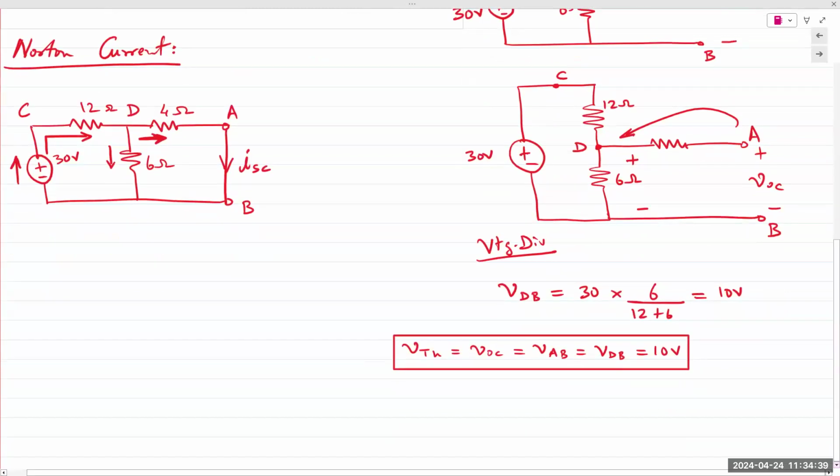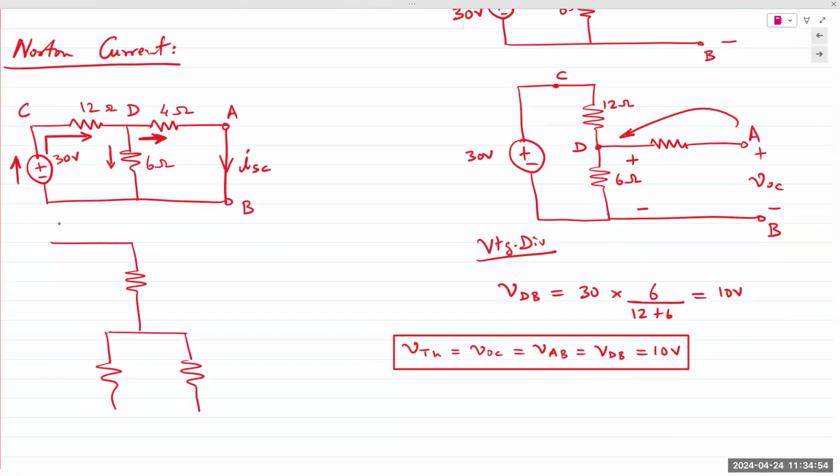Okay, so let's do this. Because we chose the series connection for the first one, I will do the same here. Redraw the circuit like this. And again, keeping track of the nodes. This is my 4 ohm resistor. This is a 6 ohm resistor.